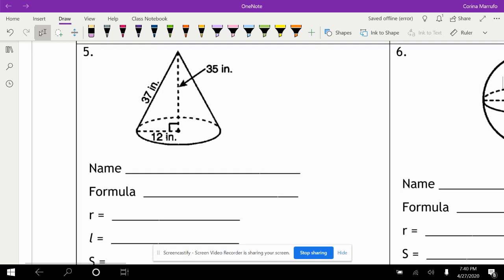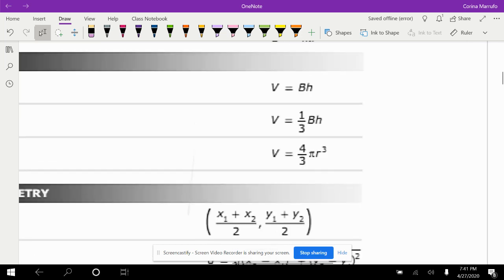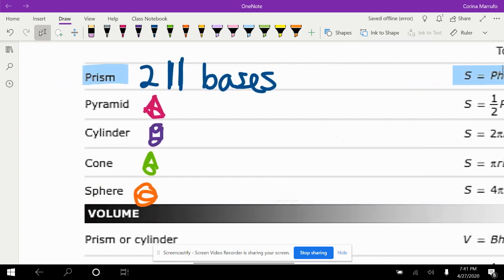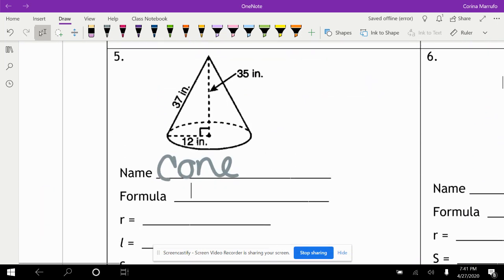All right, this next one, our shape here is a cone. So we look up the formula for a cone. So for a cone, our formula is pi r L plus pi r squared. So I'm going to write that down here. Pi r L plus pi r squared.